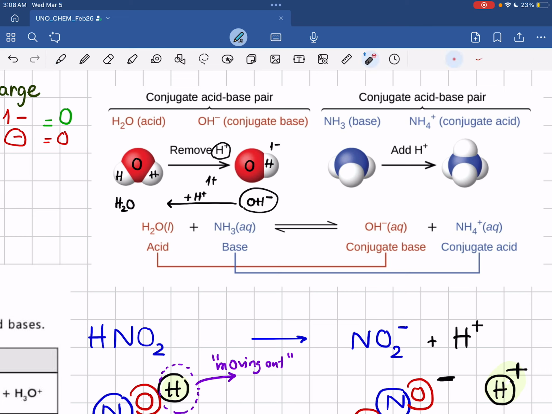Okay? So it's the same thing in this case too. Here you have NH3, so it means it has a nitrogen atom at the center and three hydrogen atoms around, and it makes a neutral substance, NH3. And then if it adds another proton, then it has one extra proton here, right?